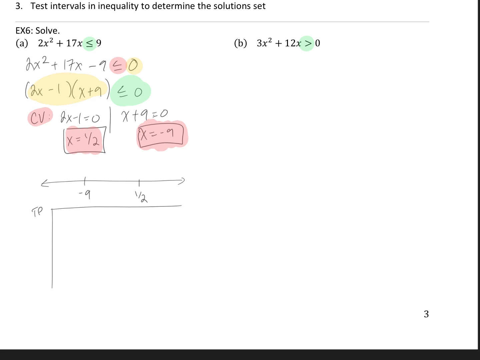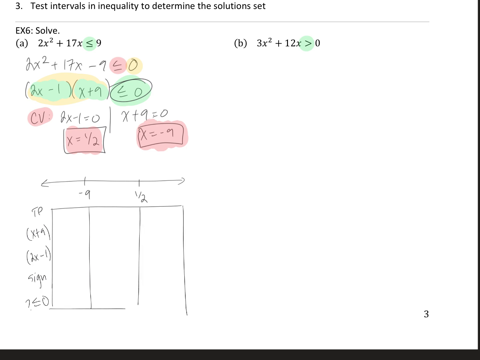What numbers will be less than or equal to 0 when I plug them into here? You could check a bunch of numbers, or we could just do this simple testing. So again, we're testing our binomials, and we want to see what their sign is. And then my goal, again, is to see, is this less than or equal to 0? Because that's what I'm trying to figure out.